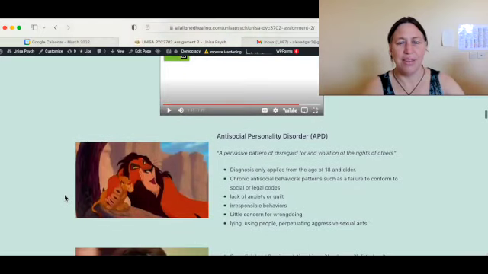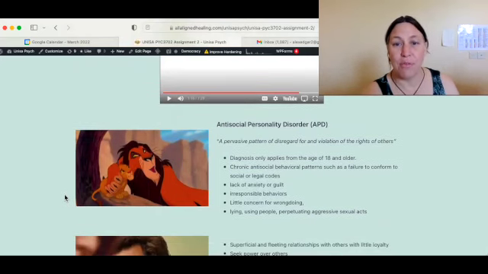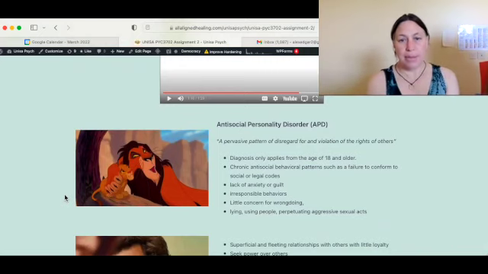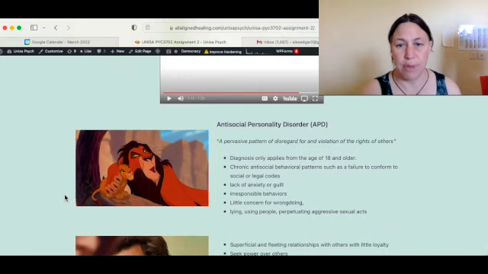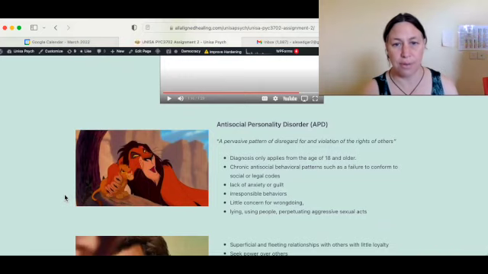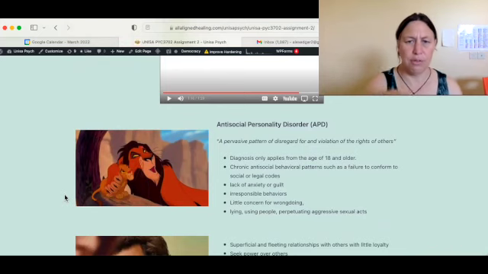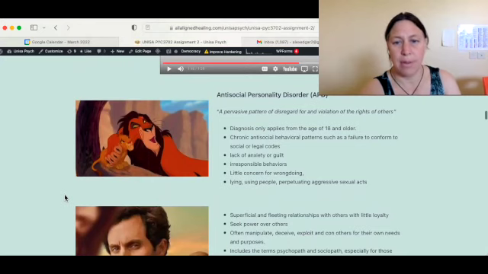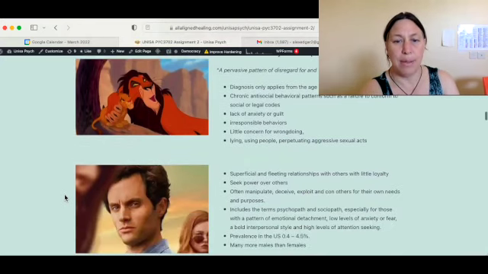Okay. Antisocial personality disorder. Our villains. Pervasive pattern of disregard for and violation of the rights of others. This diagnosis only applies from the age of 18. Younger is conduct disorder. Lack of anxiety and guilt, irresponsible behaviors, shallow and superficial affect, little concern for wrongdoing, manipulative, lying, aggressive sexual acts, seek power over others.